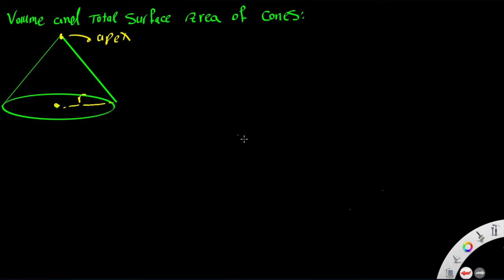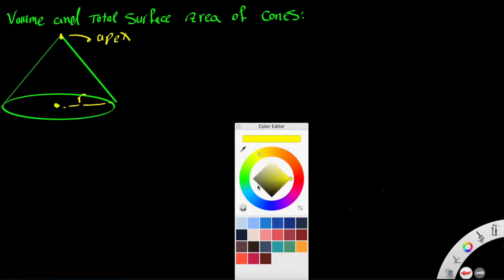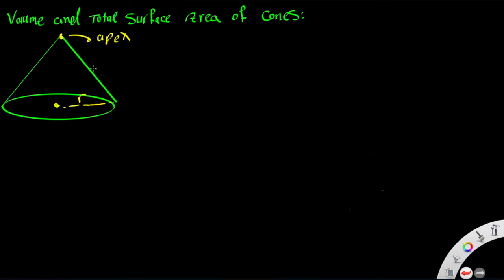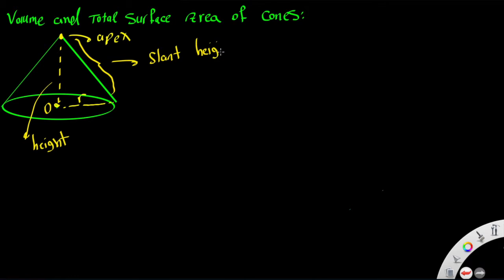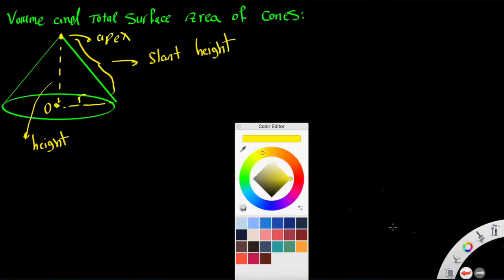Now, there are some points you need to know concerning this cone. The distance between the apex and the center of the circle at the base is called the height of the cone. This is called the slant height, and this is the base radius.